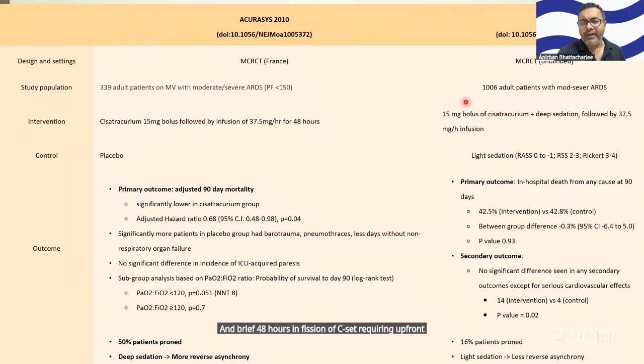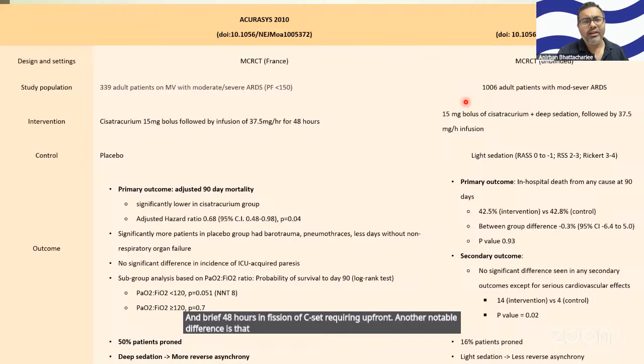Another notable difference is that in the ROSE trial, only 16% of the patients with moderate to severe ARDS were proned, which is very much inadvisable because all of their patients had a PaO2 to FiO2 ratio below 150.